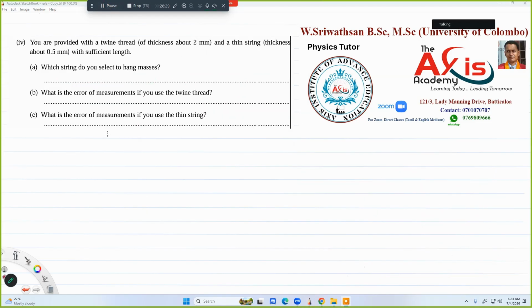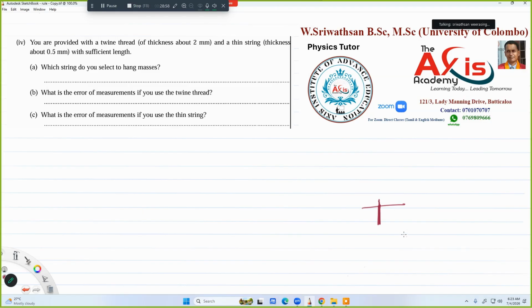You are provided with a thick thread of thickness 2 millimeter and a thin thread of thickness 0.5 millimeter with sufficient length. What string do you select to hang the masses? The thing is, if the thickness of the thread is high, then when we hang it, it is difficult to find the right position because we have to measure length.